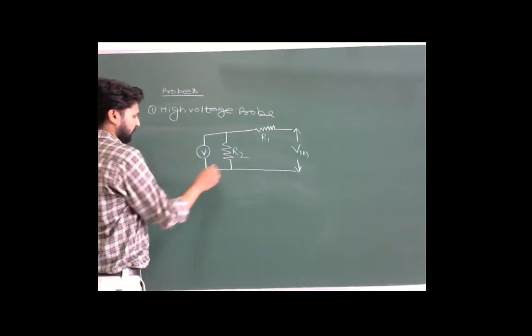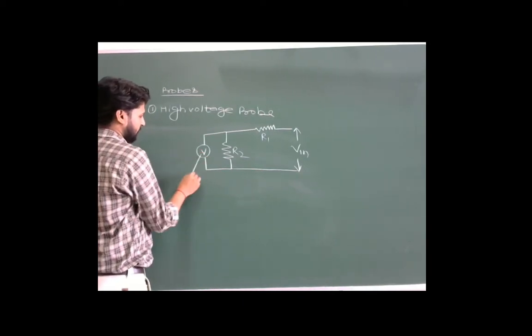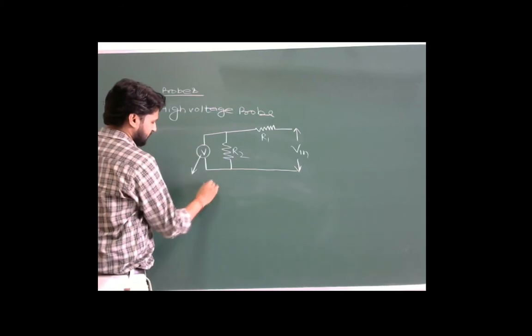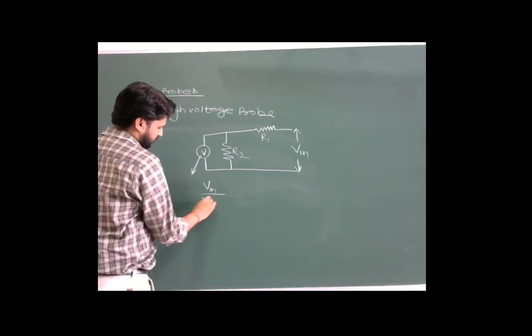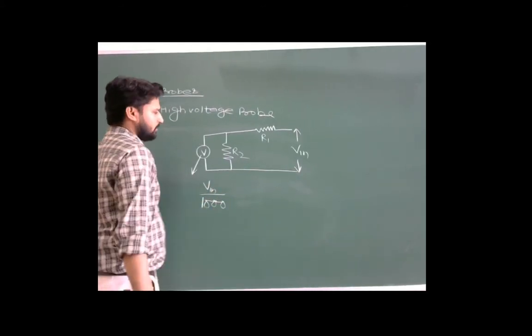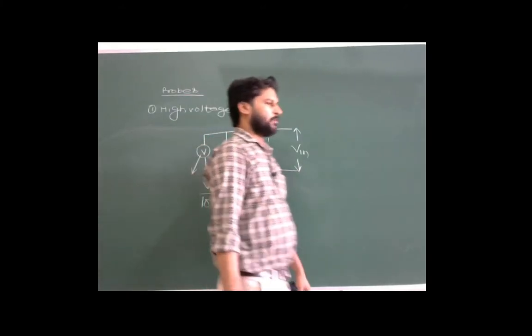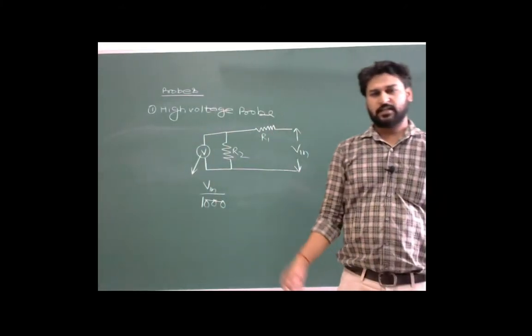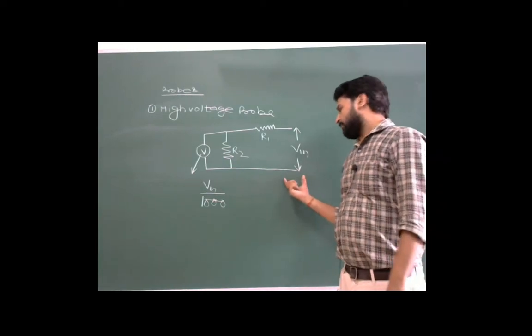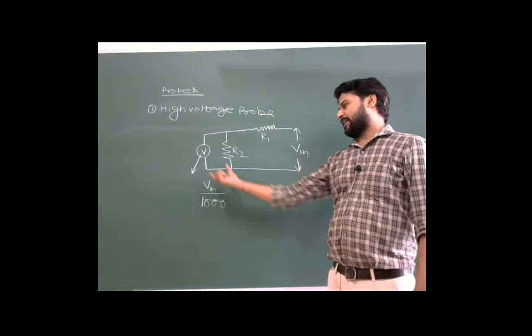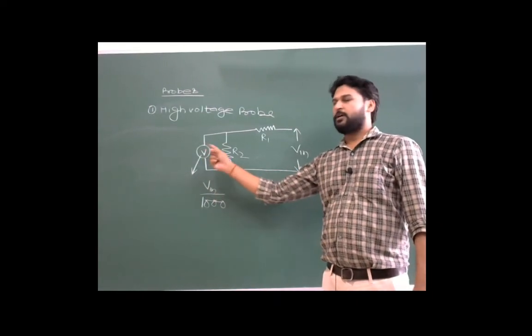So if the input voltage is V in, then the voltage that will appear here is V in by 1000. So in this probe, a very high voltage is converted to a very low voltage, and then it can be applied to the voltmeter.